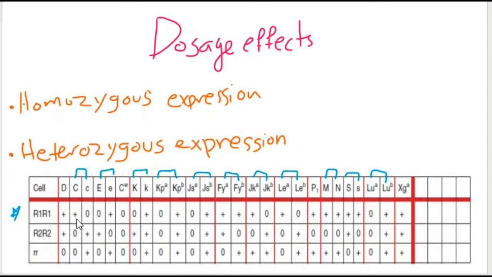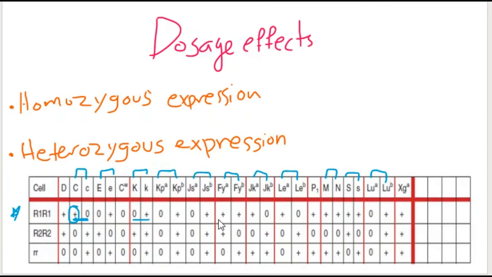So we can see here only the big C is expressed. That means big C is homozygously expressed on this cell. Also here we can see on the same cell the small k is homozygously expressed.